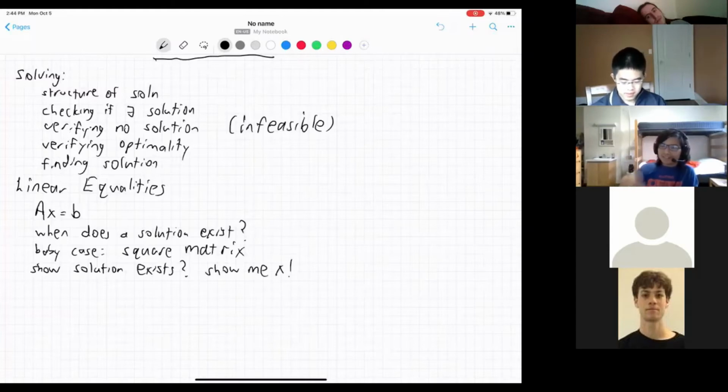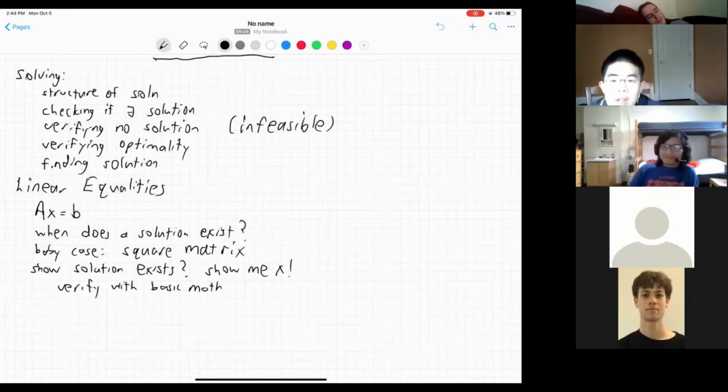And now I can verify with some elementary, with some basic math. No complexity in verifying the solution. If we posit the matrix to be an n by n matrix, then this verification is going to take me order n time, right?